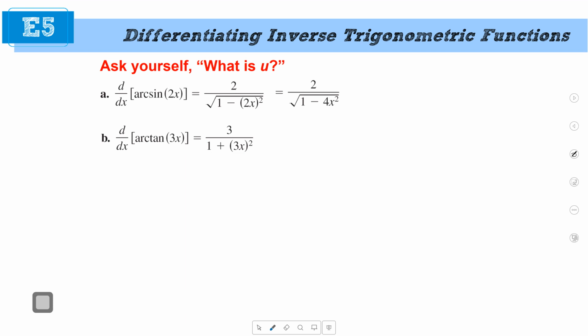So I'm going to go through these quickly, but basically it's a process of what's u, plug and chug. So in part A, u is 2x. Go and find the formula, plug and chug. What's the formula? u prime over the square root of 1 minus u squared.